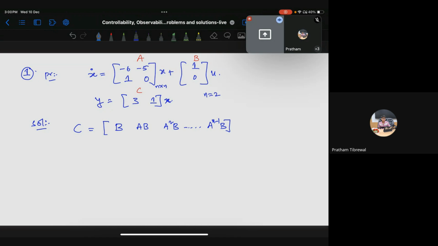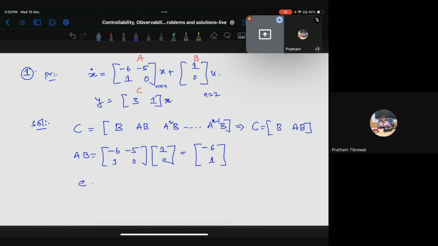Here n is equal to 2, so n minus 1 is 1, and the matrix is B, AB.